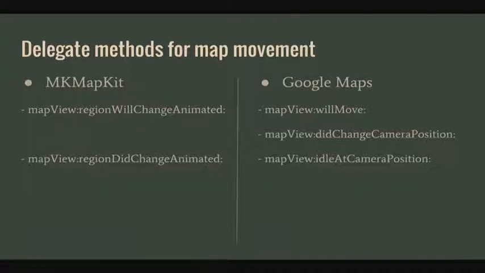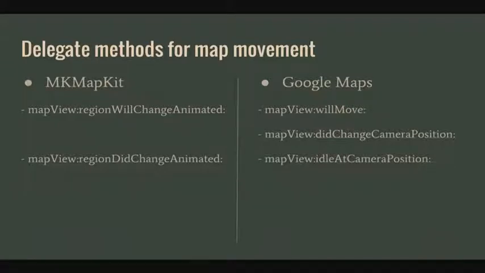On Apple's region did change documentation, they claim that it also is called many times as you scroll, but it doesn't really do that. It only gets called when you finish zooming or when you finish moving, unless you explicitly call set region and change the region. Then it will call that more often. So as you can see, these aren't really that intense.